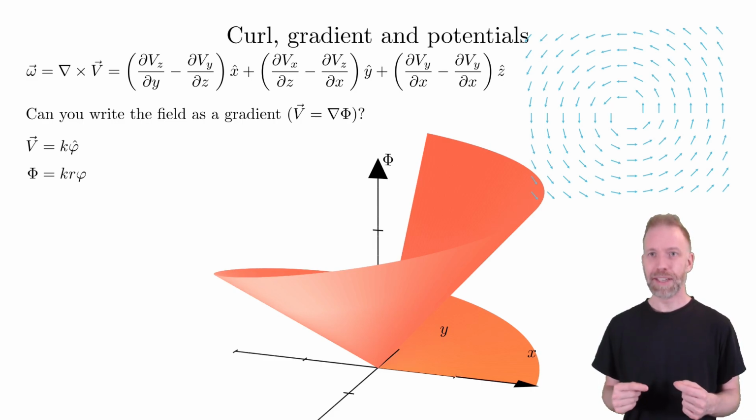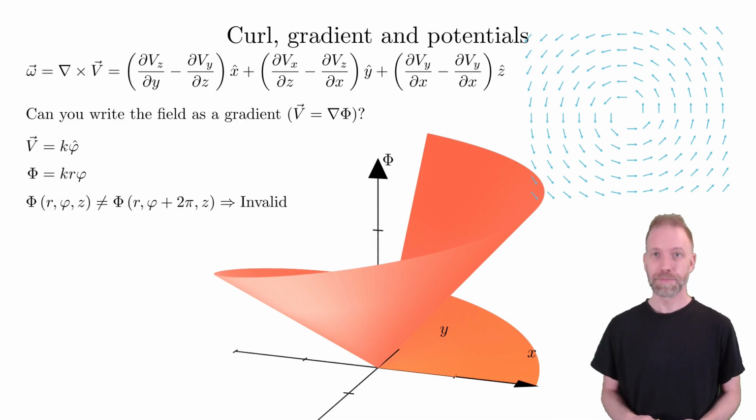And we know that if we add 2 pi in the angle in cylindrical coordinates, we have the same x and y. This means that in cylindrical coordinates, adding 2 pi should give the same function value as before. This is clearly not the case here, as we have a larger value each time we add 2 pi. Hence, this is not a valid function.